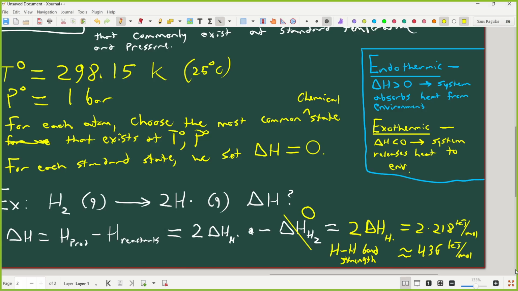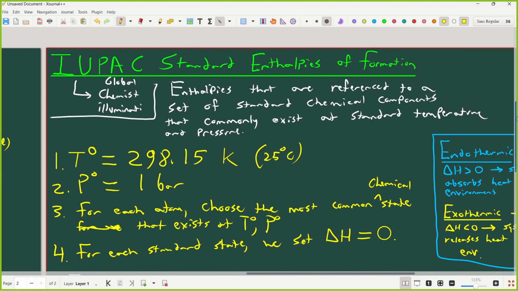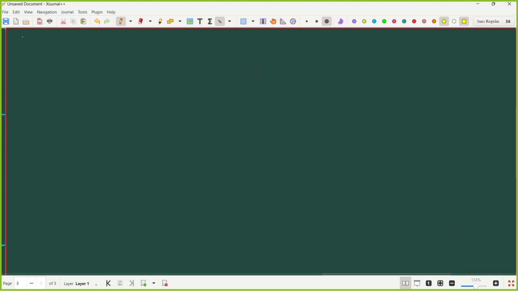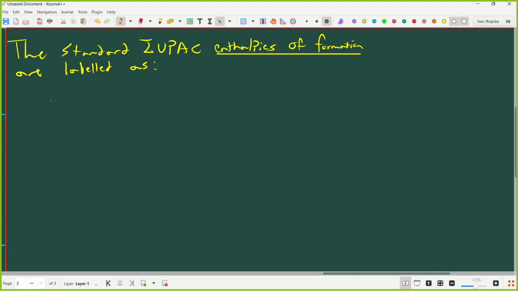Okay, before I start that, I'm just going to add one more term here. I'm just going to define these enthalpies one more time, just a name for them. The standard enthalpies of formation are labeled as, it's just a notation. There are two different ways to write them.